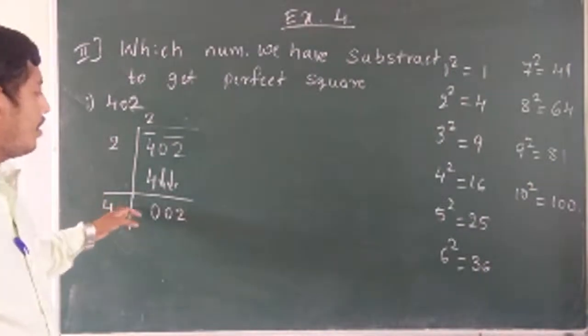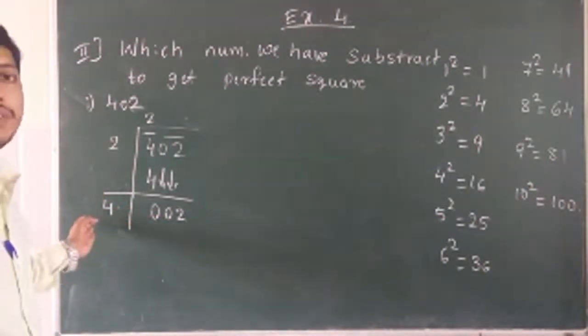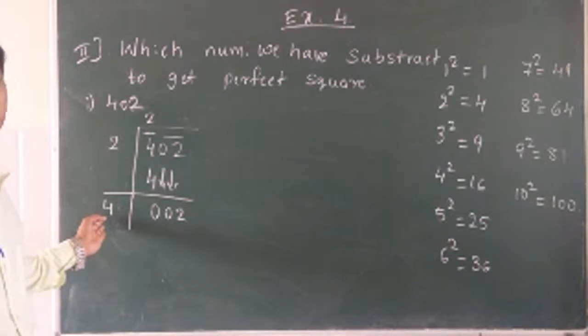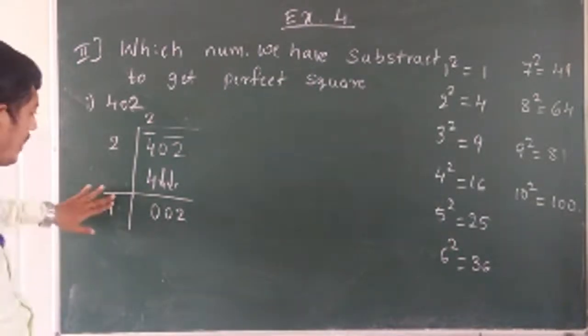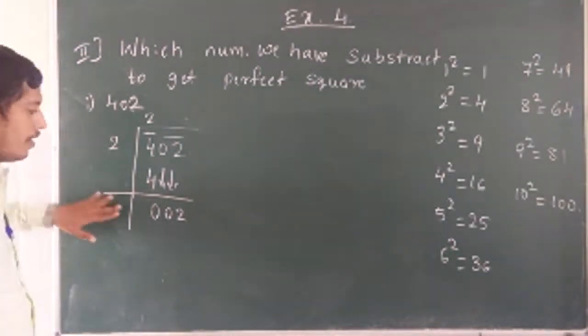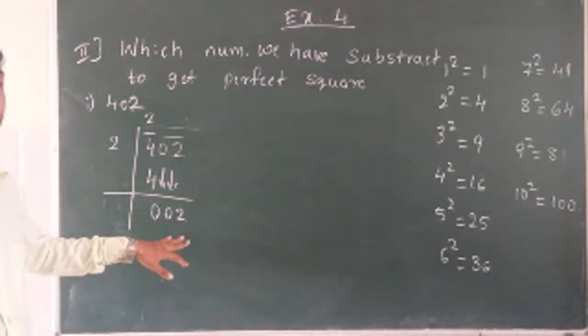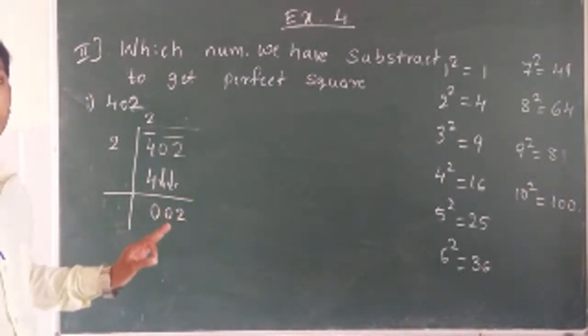Now 2 is not divisible by 4. Or we can leave this here only. So what is remaining is 2. So therefore the remainder is 2 now.